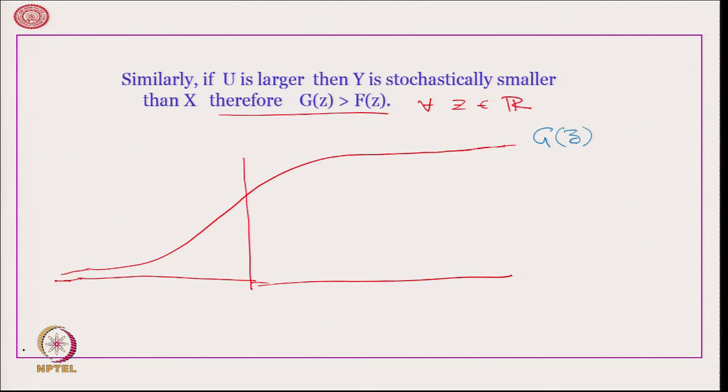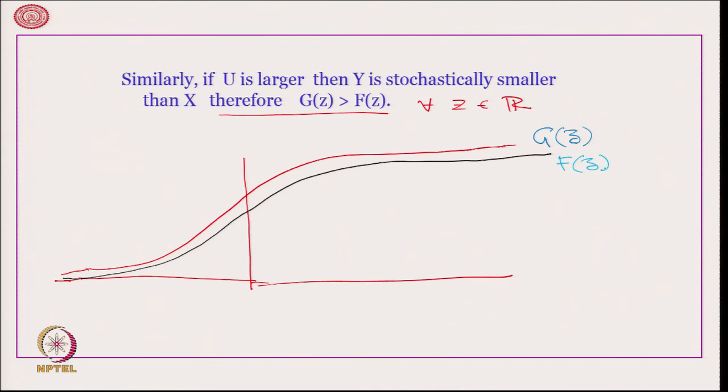Now, g z is greater than f z for all z. Therefore, how will f z look like? It will look like something like this, although eventually it is also going to touch 1, but in most of the values for the real number z, we can see that g z is greater than f z. So, let us call it f z.